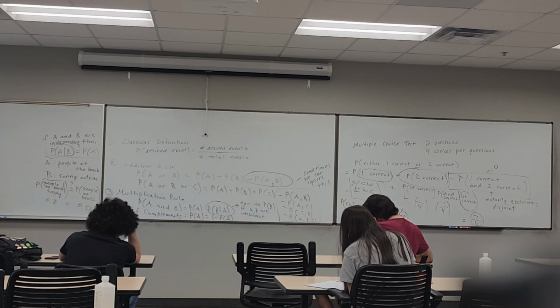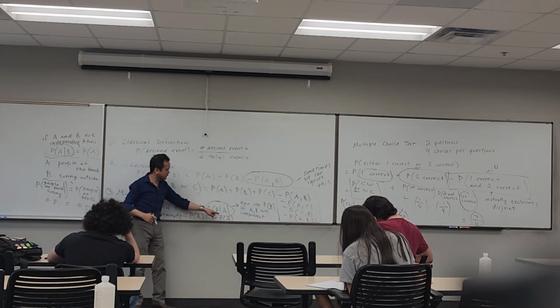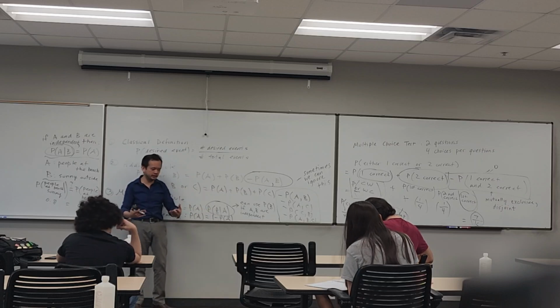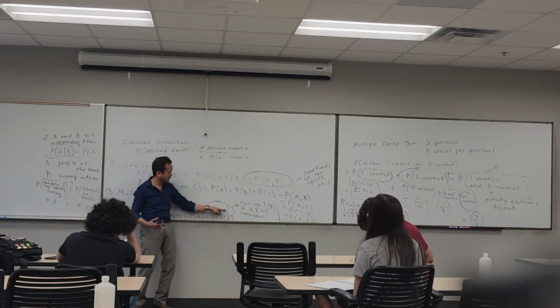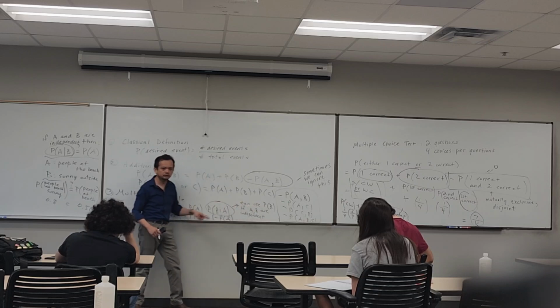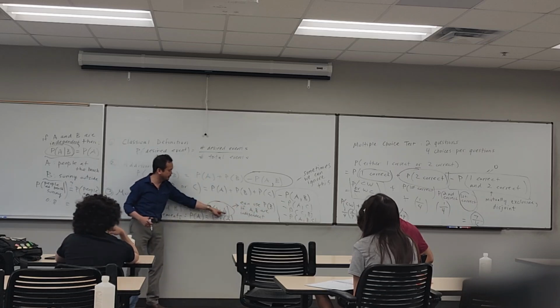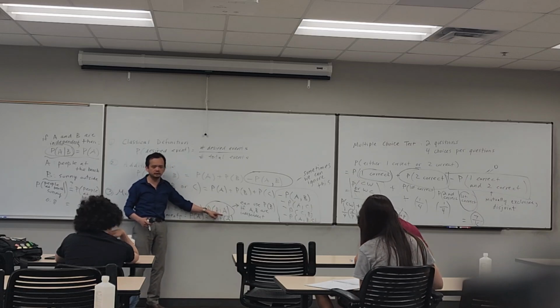Any questions? But in the multiplication rule, if these two events are independent of each other, then you can ignore the condition. You can ignore the condition on A here and just use the probability of B. So this is a special case: when these events are independent, you can ignore the condition.